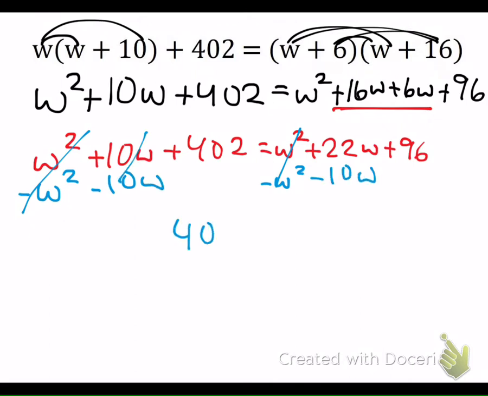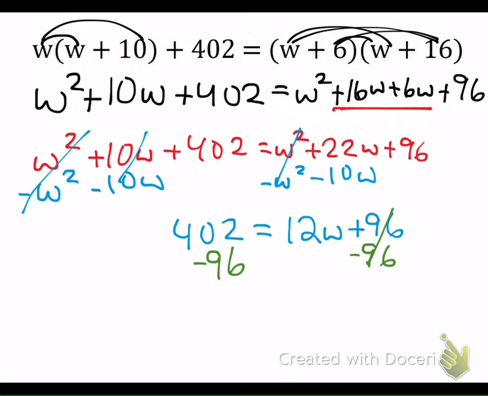I have 402 equals 12W plus 96. Minus the 96. What is 402 minus 96? 306 equals 12W.